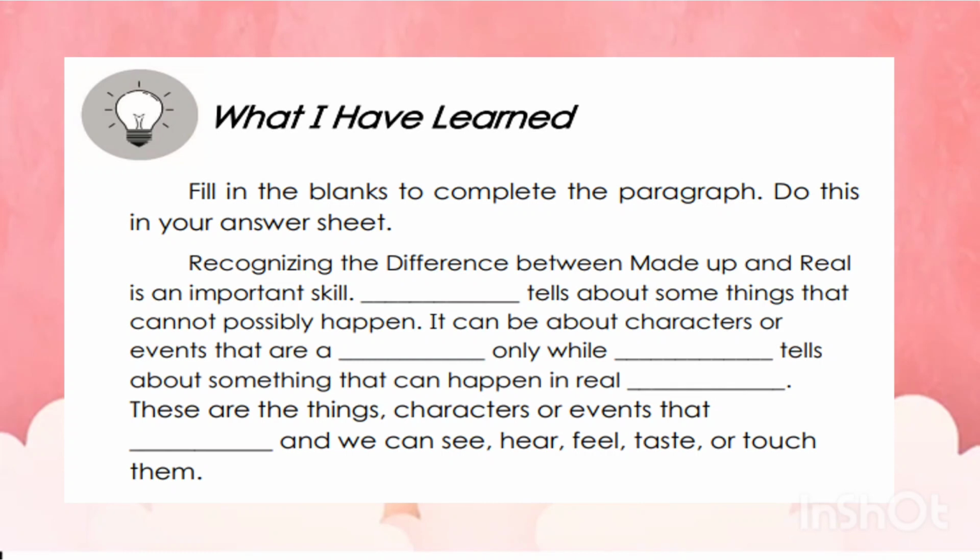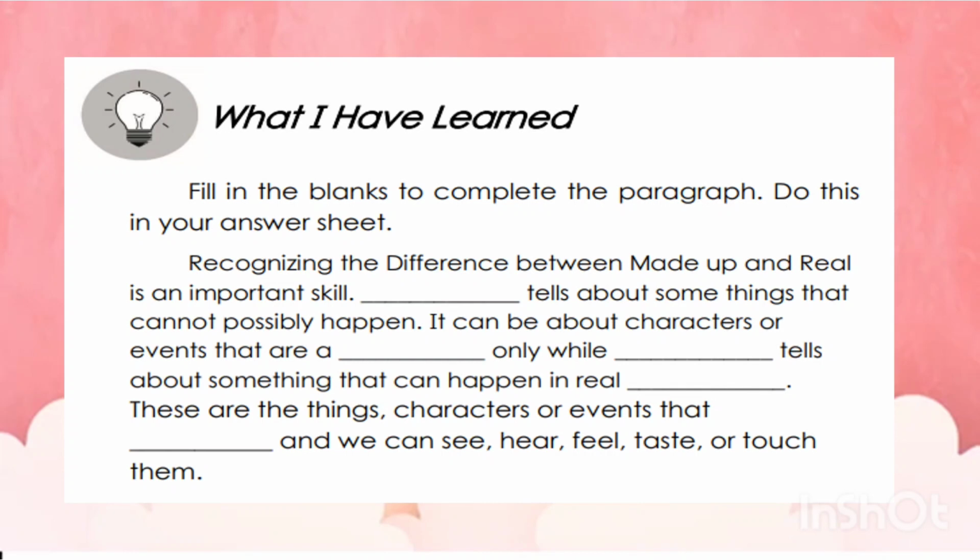It can be about characters or events that are a blank only, while blank tells about something that can happen in real blank. These are the things, characters or events that blank and we can see, hear, feel, taste, or touch them. What are the answers?